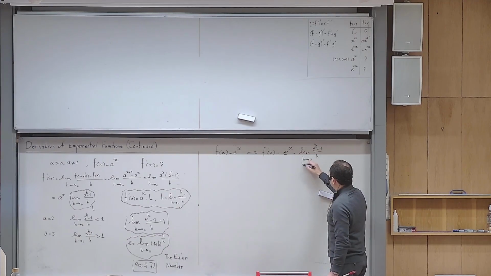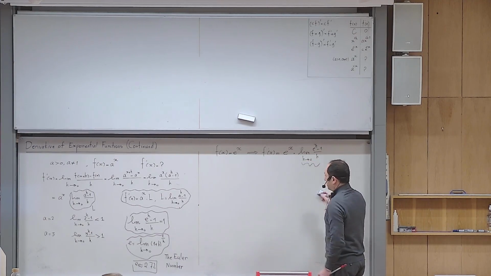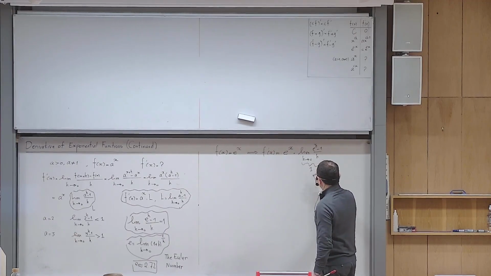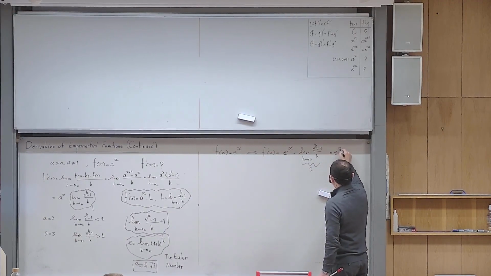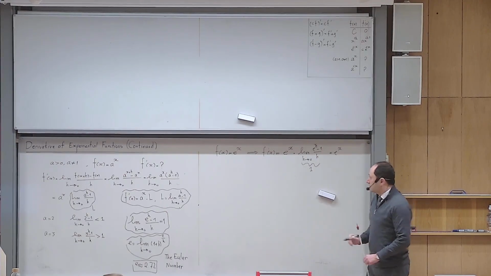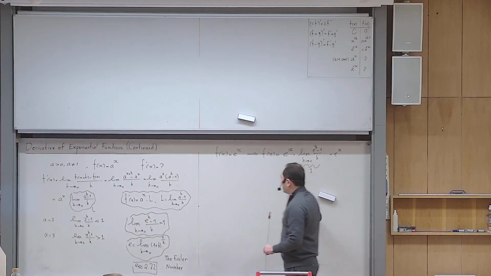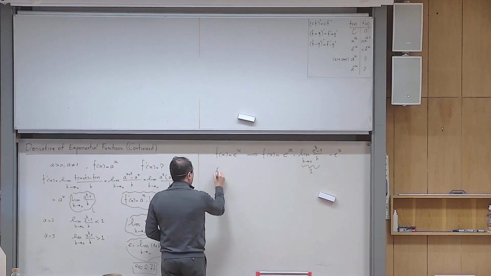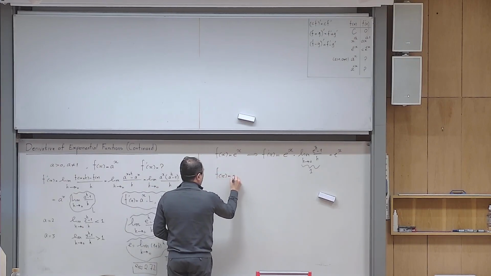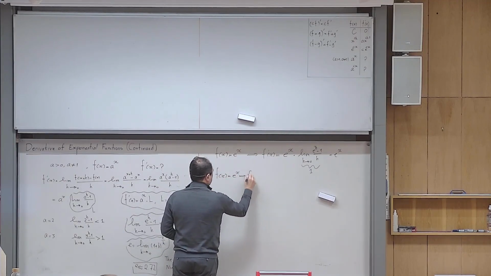But based on the definition of the Euler number, this limit is 1. So this will give me e to the power x. Yes. So this is a very, very interesting function, a function whose derivative is exactly equal to itself.